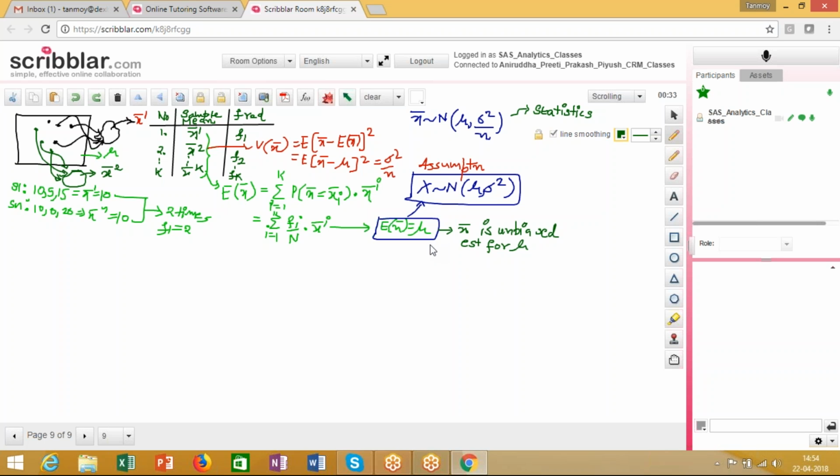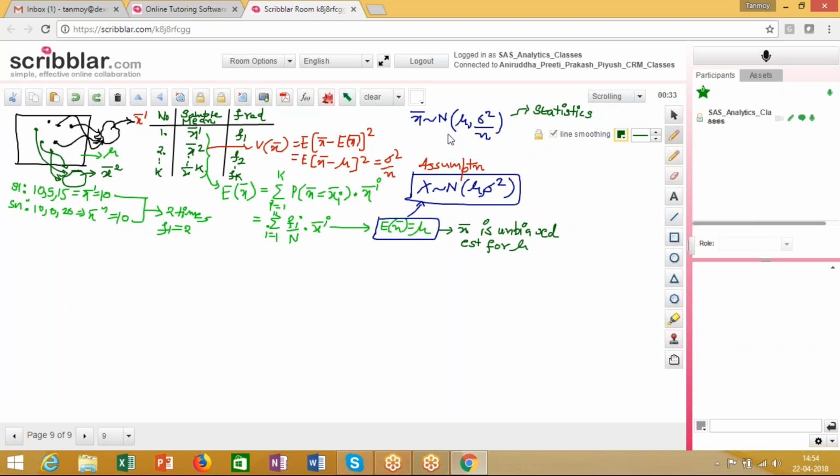Now, the next part is as follows. Since x bar shows all the characteristics of the population, it reflects mu, it reflects sigma square, etc. Therefore x bar is also called a sufficient estimator for mu.